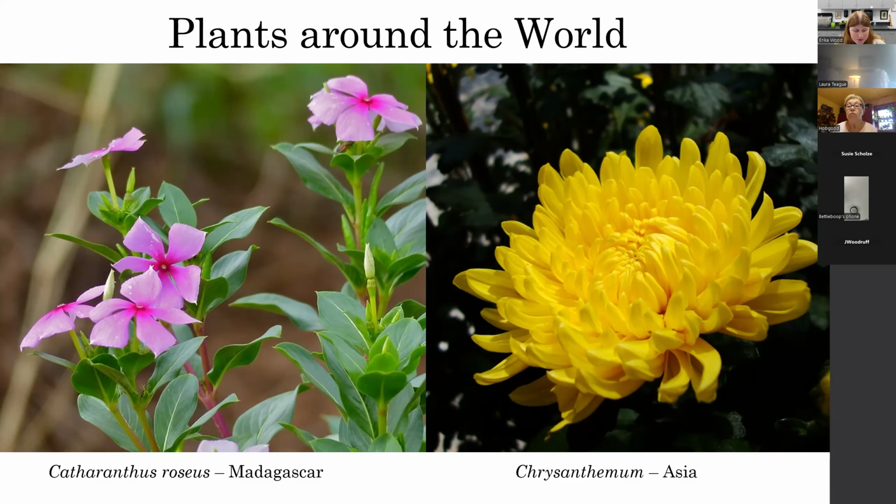So one example that I always like to use is our Madagascar periwinkle. You may also know it by the common name vinca. That's on the left-hand side here, the Catharanthus roseus. This is one of our almost common bedding plants, right? This is considered an annual flower. It does really well in full sun conditions, and it's a nice mounding plant that gives color.